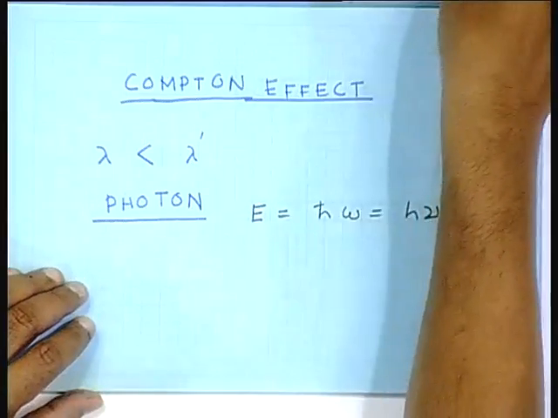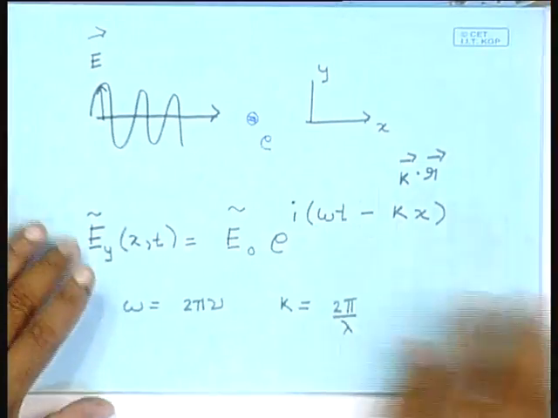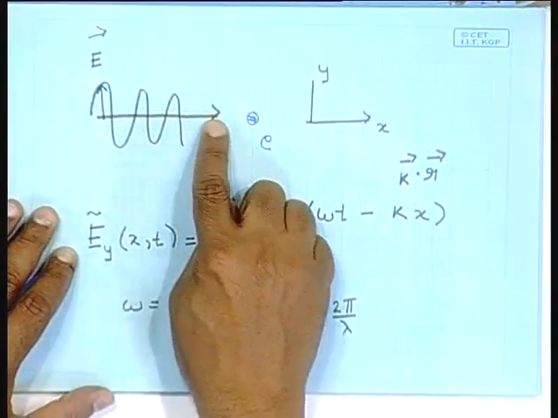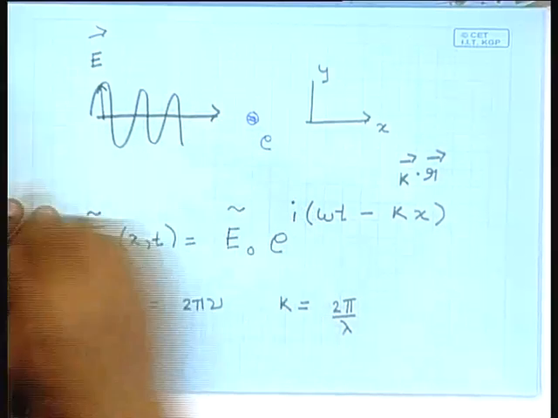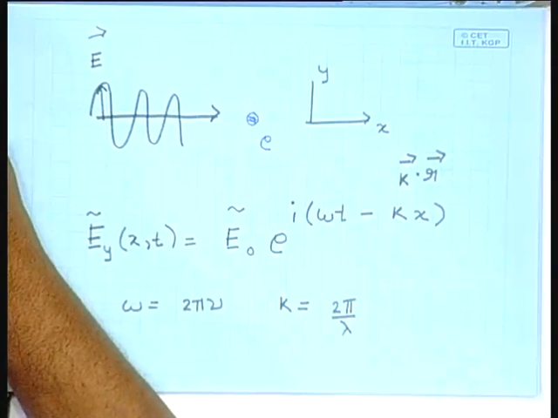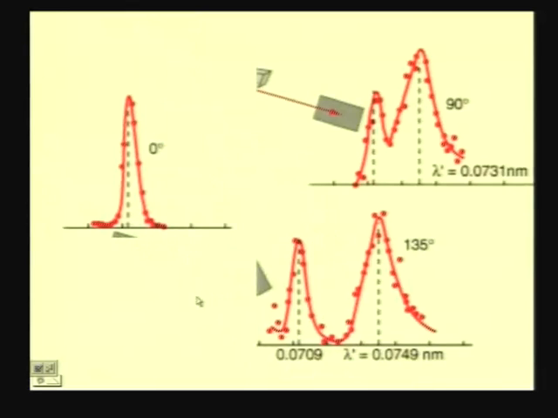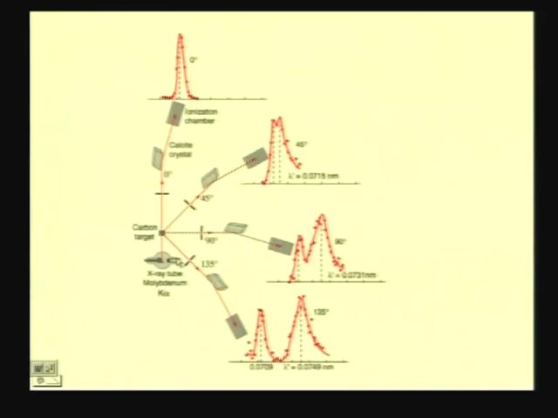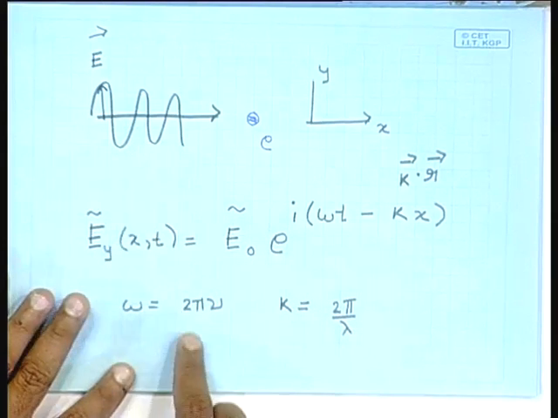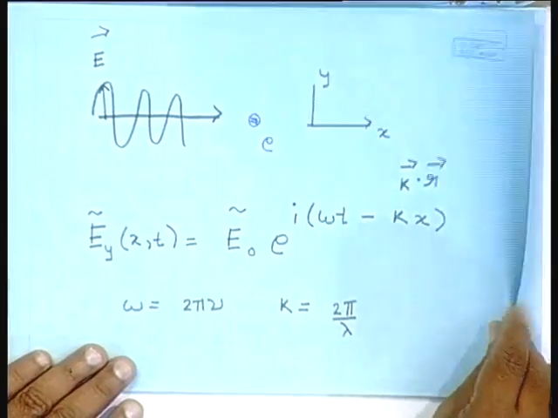When you have this radiation incident on this target, which has got electrons in it, you have to think of the incident radiation in terms of particles called photons.